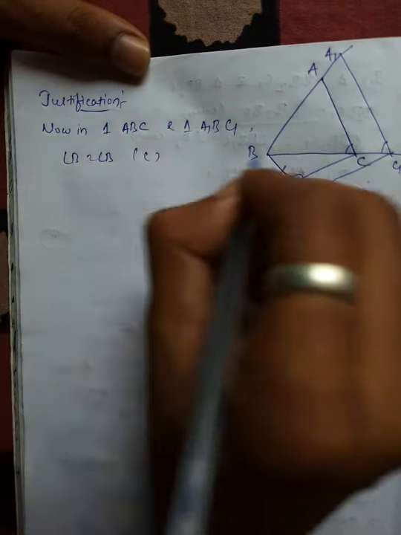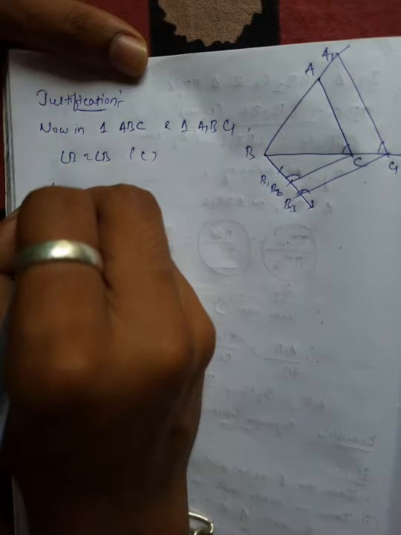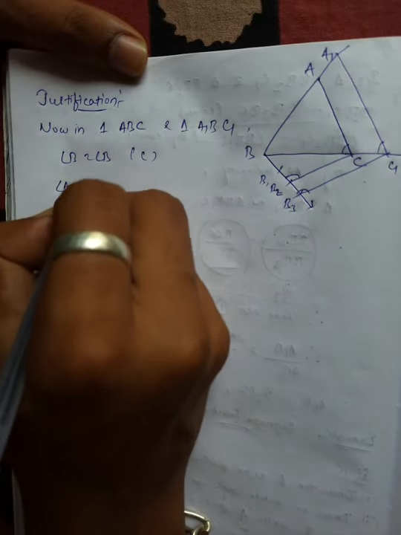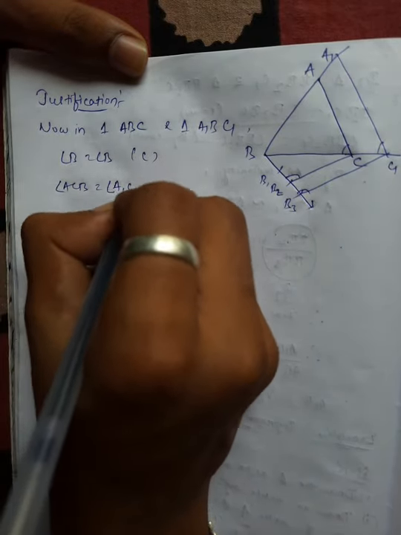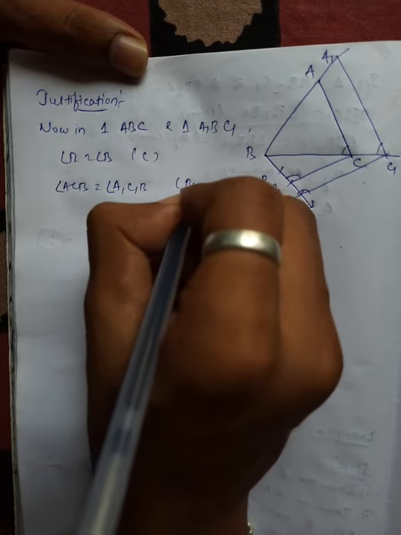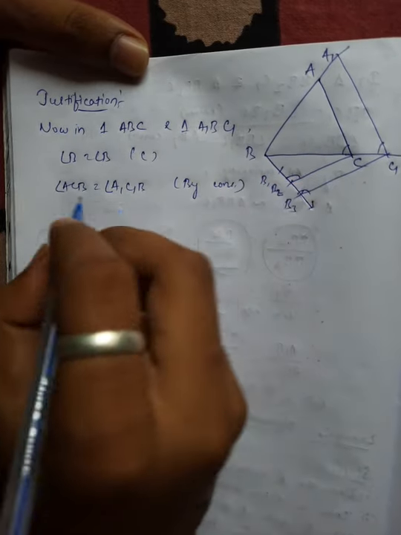Also, by construction angle ACB equals angle A1C1B.